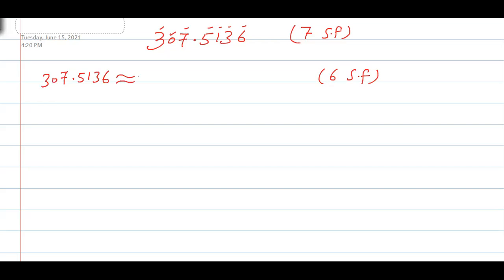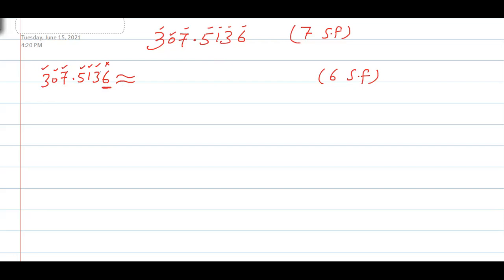Now we have to round this one. As this is approximate, we have to use the approximate symbol. I told you the counting of the significant figures, we will start from the left side. This is first, second, third, fourth, fifth, and sixth. It means we don't need this one because we need only six significant figures. So we have to remove this one.